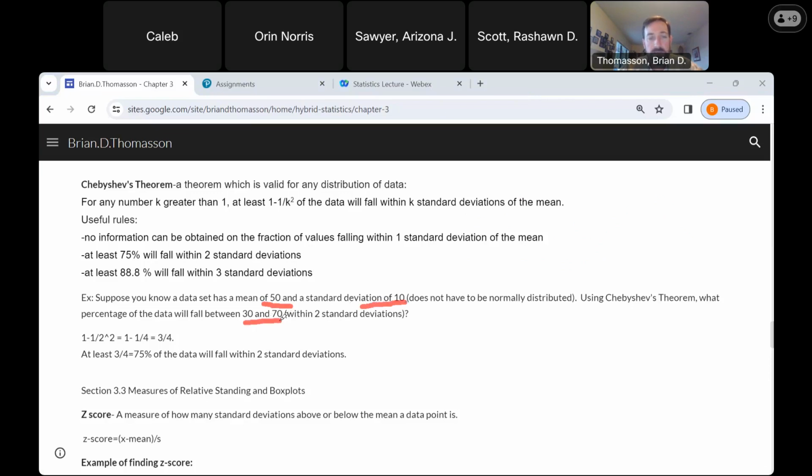So we have to do the same thing as we did before. We have to figure out, okay, is that 1, 2, 3, 4 standard deviations away? So if our mean is 50 and our standard deviation is 10, to get to 30, we would have to subtract 2 standard deviations. To get to 70, we'd have to add 2 standard deviations. So that's where the 2 comes from.